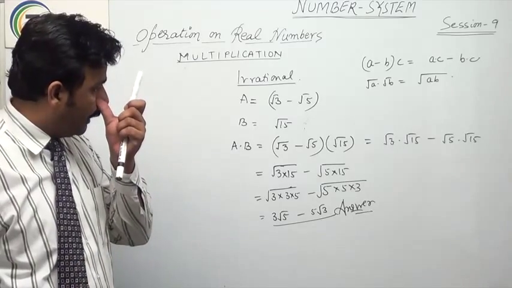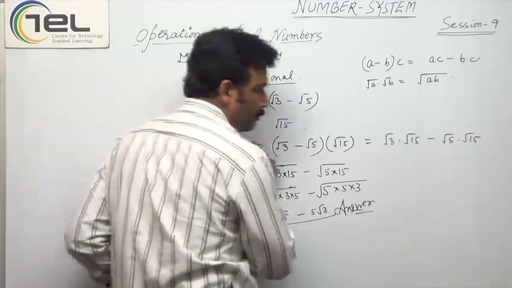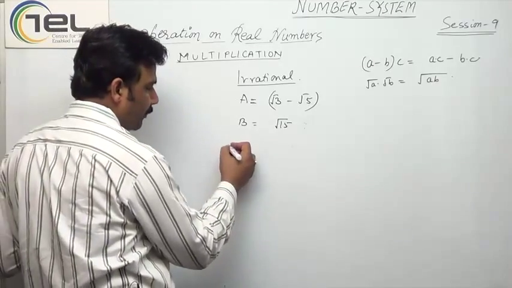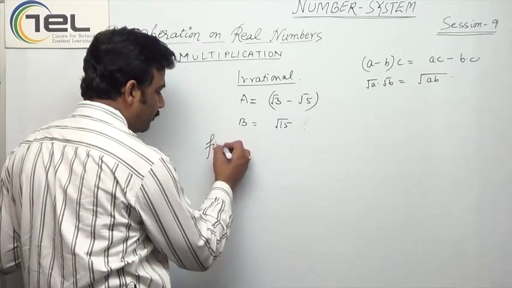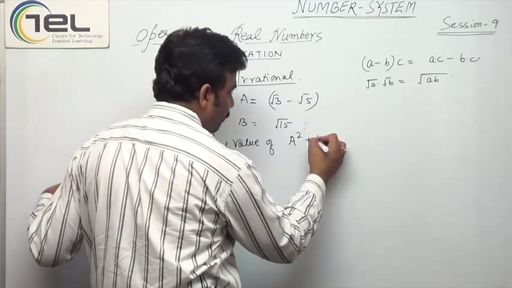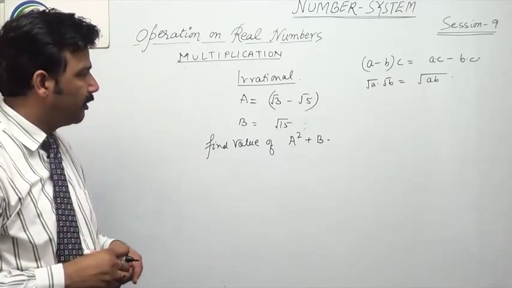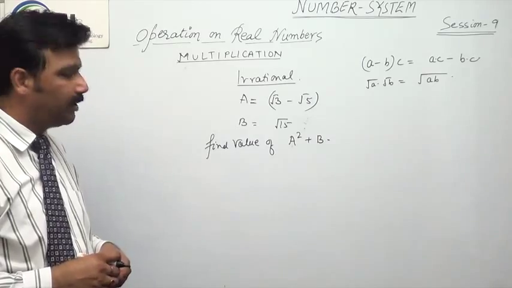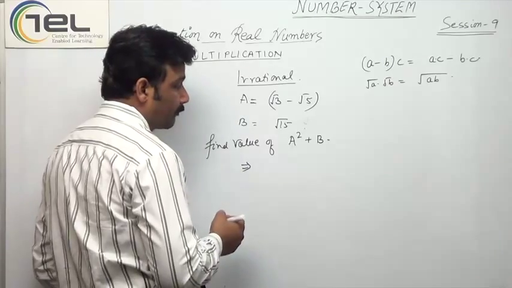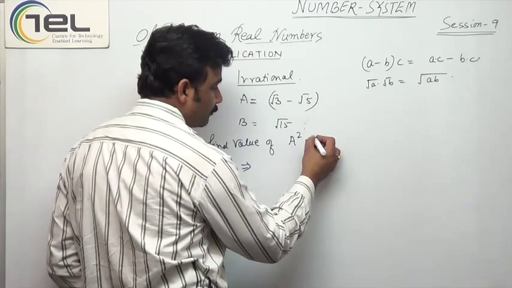Let's take another operation with the same question. Let's find the value of a square plus b, or 2 times b.